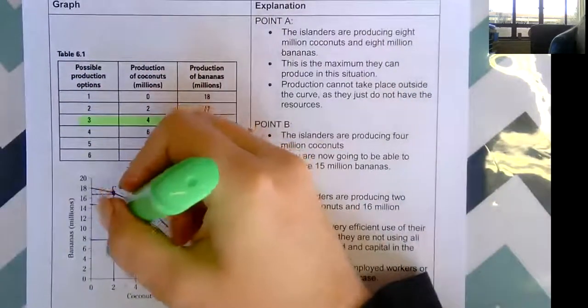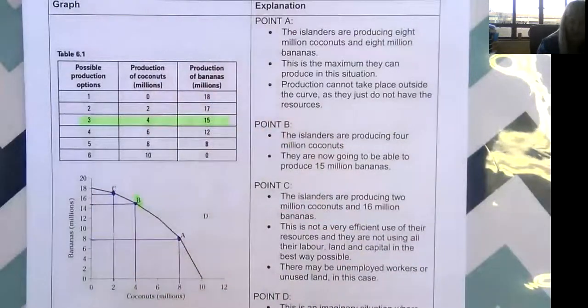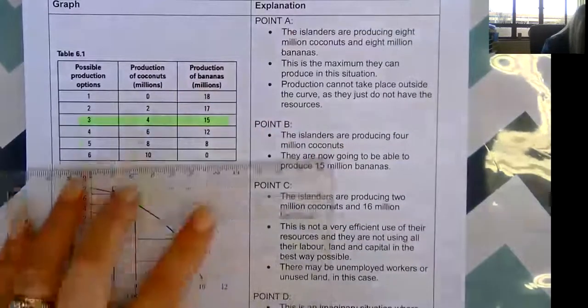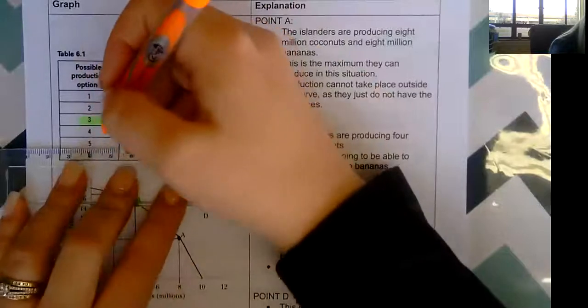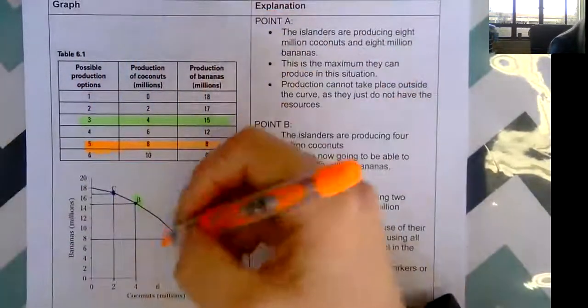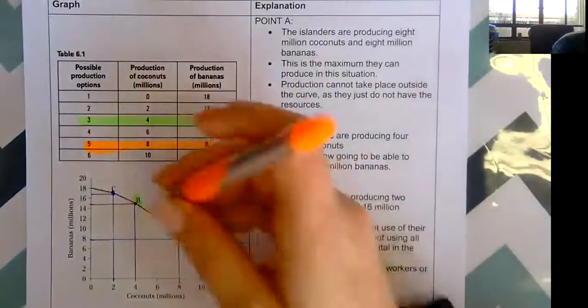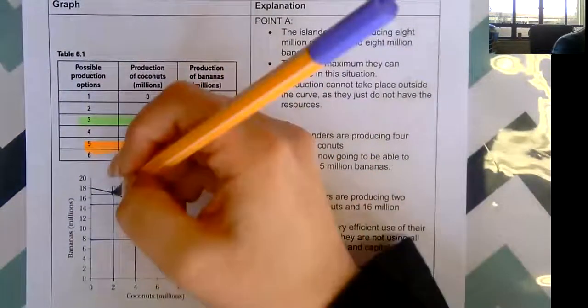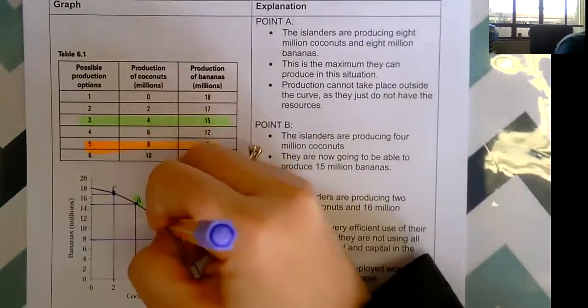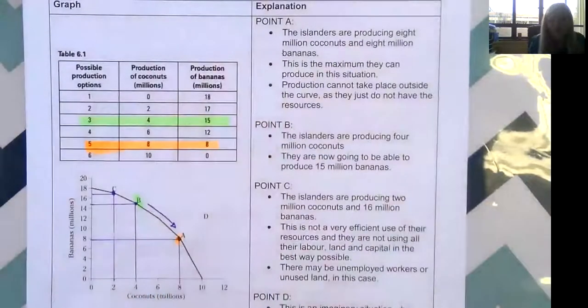At point A, I will have 8 of each. Because I moved between these 2 points, I had to give up something.